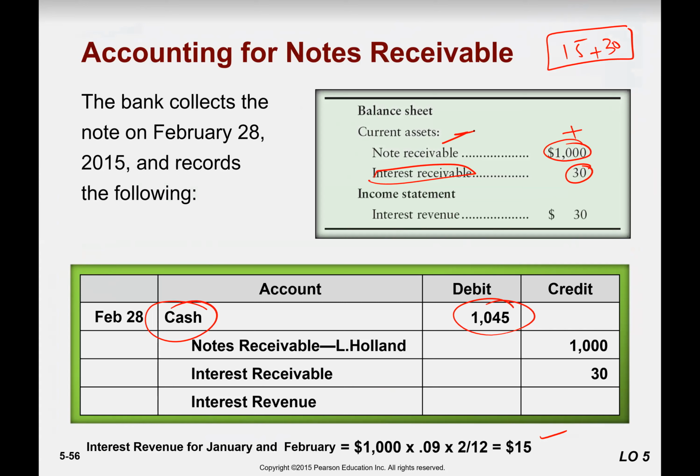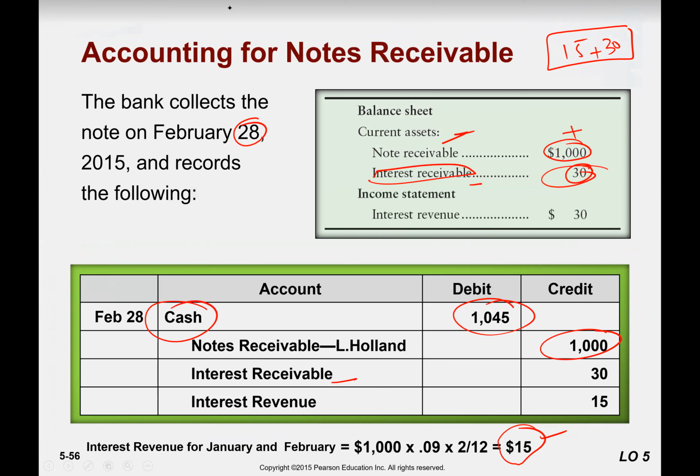Account receivable decrease means credit. You will also delete this interest receivable. Interest receivable decrease means credit, and the interest revenue today, on this 28th of February, is 15.